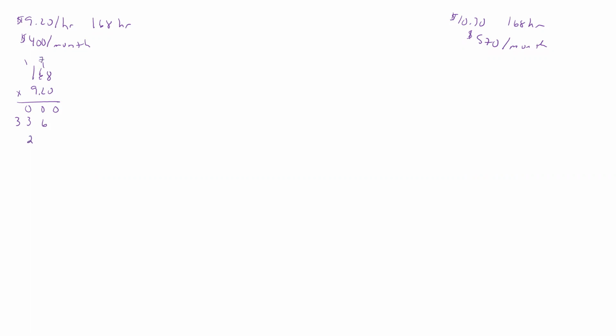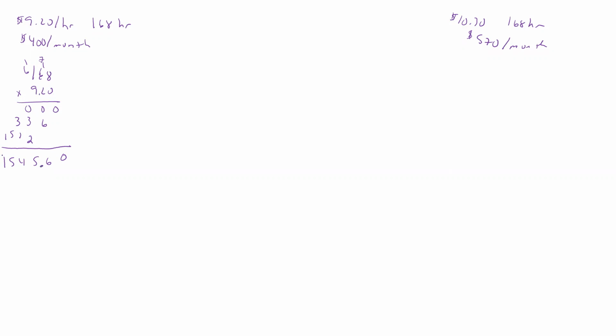And so then we have 9 times 6 is 54, plus carry gives 61. And then we have 9 times 1 is 9 plus 6 is going to give us 15. So we add all that together, we get 0, 6, and then 3 and 2 is 5, 3 and 1 is 4, 5, 1, and we move it 2 decimal places.